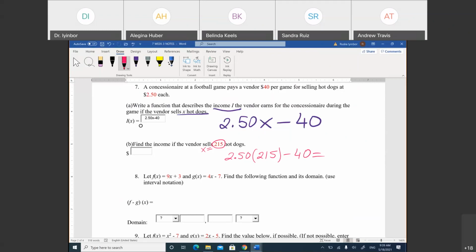So what did you guys get? I get 497.50. Yes, that's right. So that's going to be the income. You're going to write it down here. So the income is going to be 497 and 50 cents. You can just put 0.5 or 0.50, doesn't matter. Okay? Any questions on this?